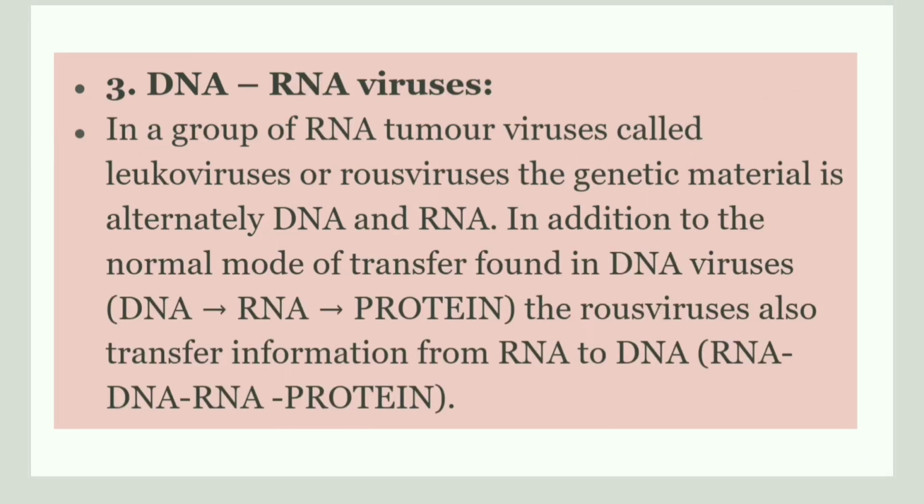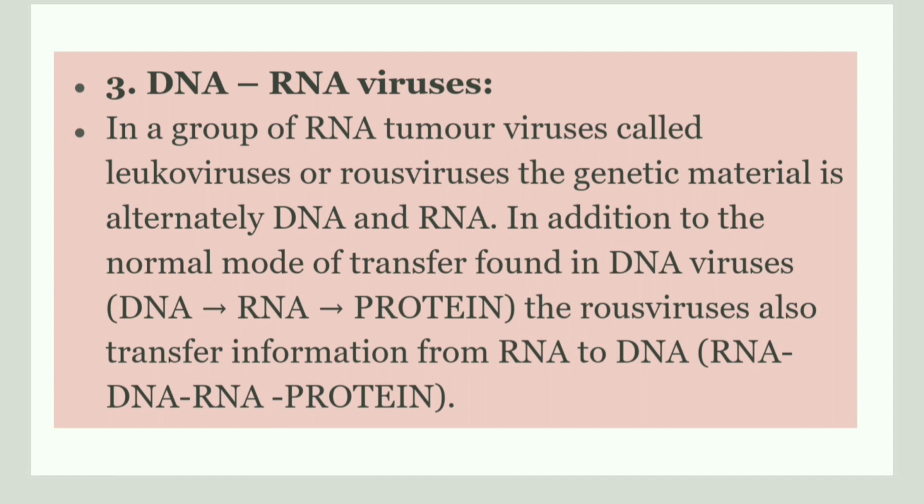The next category of virus is DNA-RNA virus. These viruses are cancer-causing viruses, and hence they are called leukoviruses. Here the genetic material is alternately DNA and RNA. In a DNA virus, the information for protein synthesis goes to RNA, and from RNA a protein is synthesized.